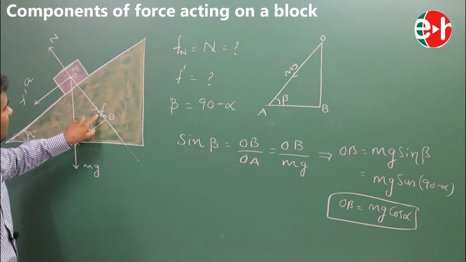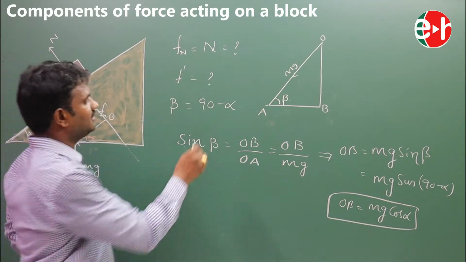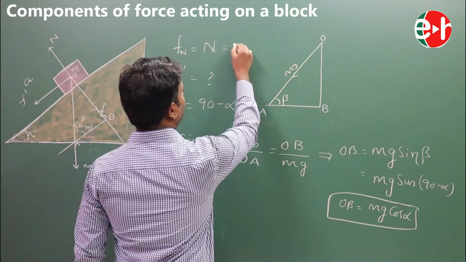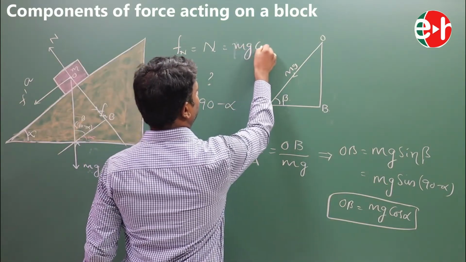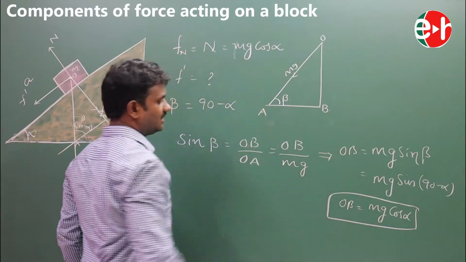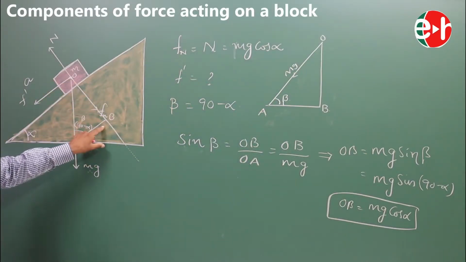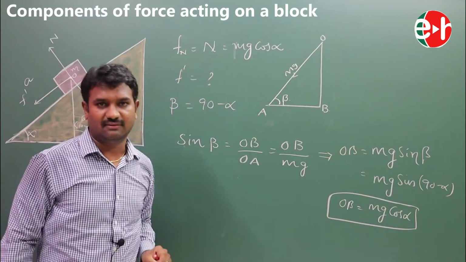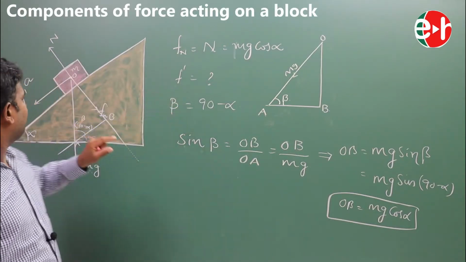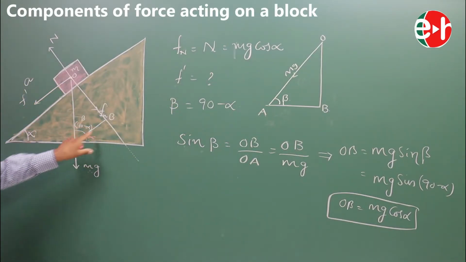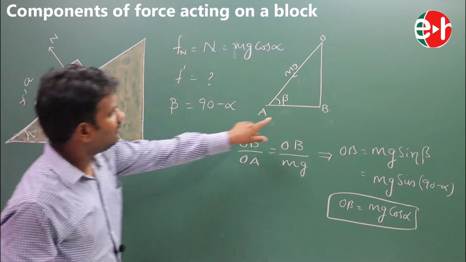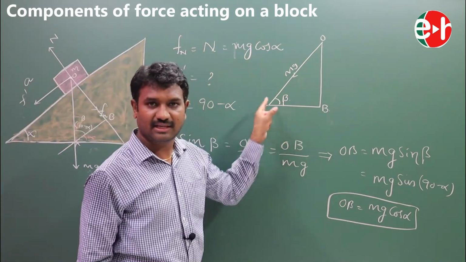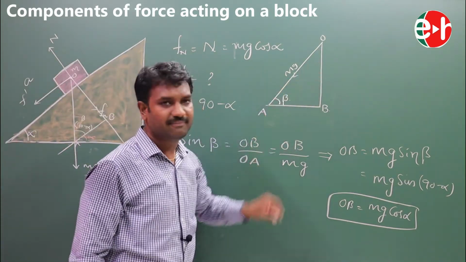OB is our Fn, the normal, which is equal to mg cos alpha. Remember this. So this normal is always equal to mg cos alpha. Now let us see this F dash. F dash means this, which is BA. Can we find BA from this triangle? Yes.